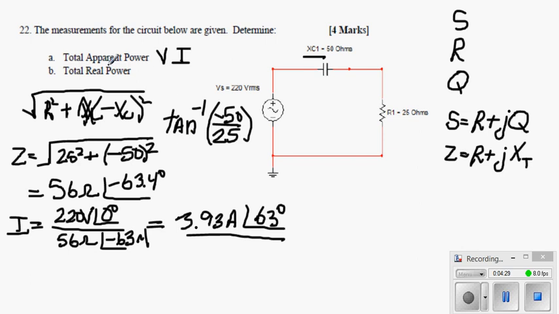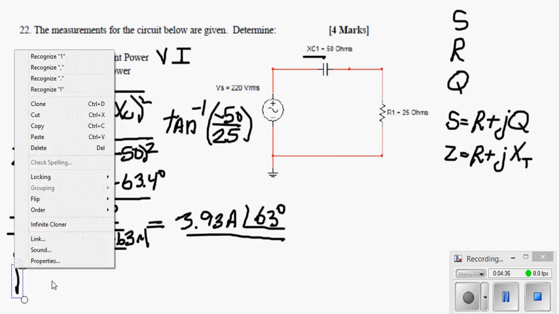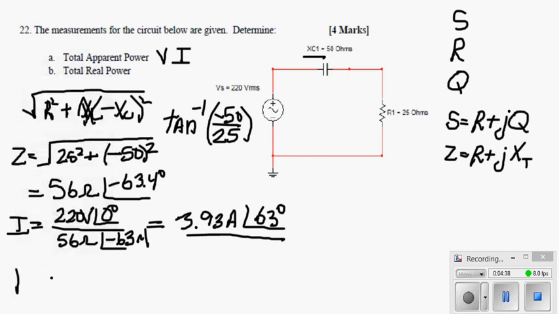Now we're actually prepared to calculate the apparent power for the circuit. The apparent power, whose official label is S, is equal to V multiplied by I. When we're calculating the apparent power, we're only going to use the magnitude values, so we're not going to worry about the phase shift unless we're going to draw the power triangle.